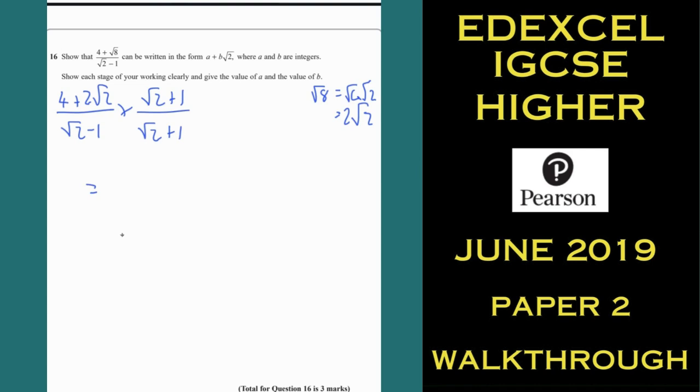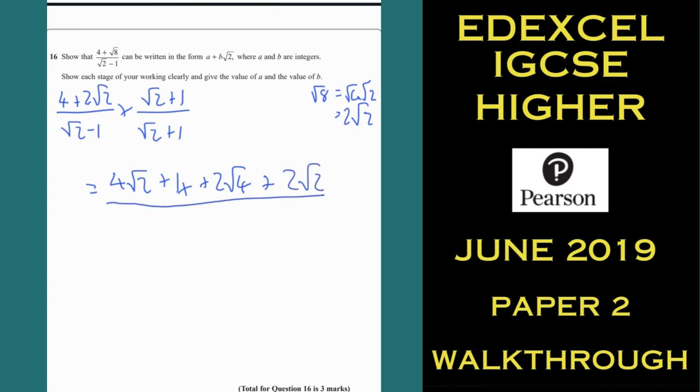So on the top, that's where it's complicated. There's 4 loops. So 4 times root 2, 4 times 1. Root 2 times 2 root 2 is 2 root 4. We'll tidy that up later. And the final loop, 1 times 2 root 2.